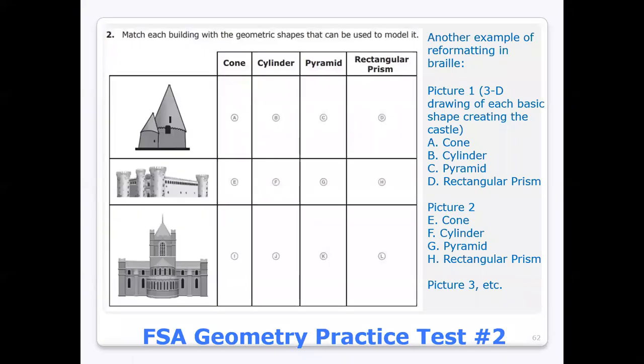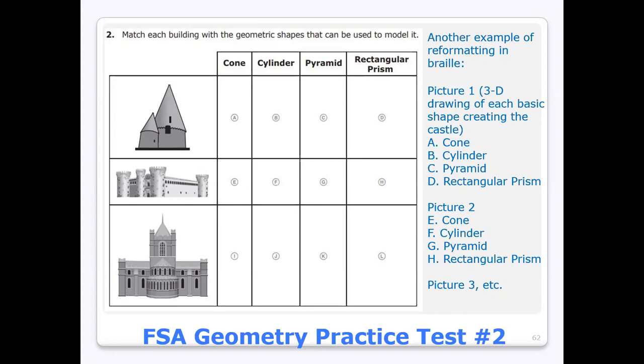Okay, remember I said you have to know the standards and anything's fair game. So they have to know three-dimensional figures, but they don't necessarily have to know three-dimensional figures put together to create pictures. So this is from the geometry practice test number 2. And so instead of having them have to figure out the pictures of the castles, we reformatted this item in Braille so that it tells them they have to identify the 3D drawing of each basic shape creating the castle.